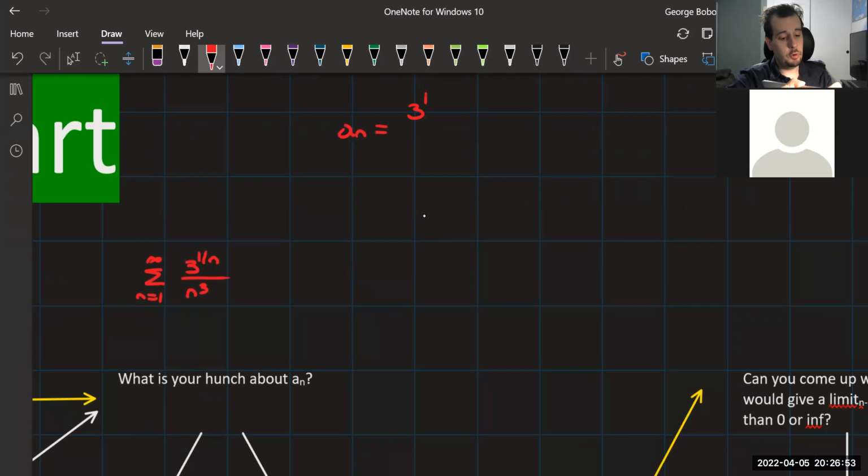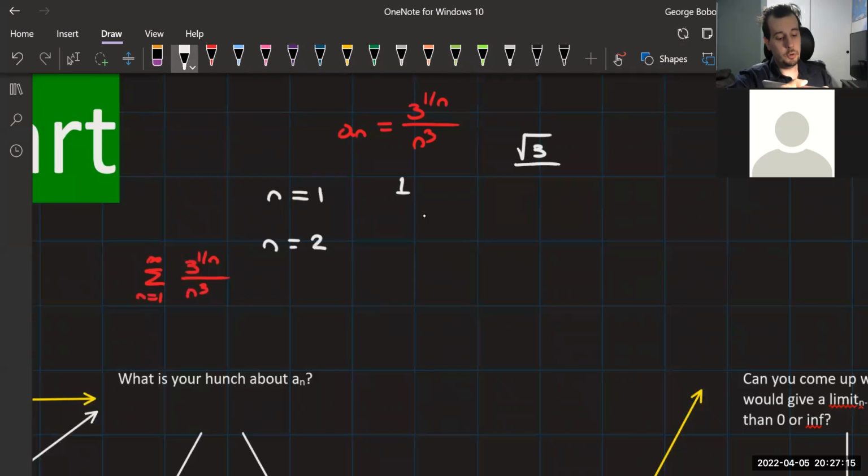It is 3 to the 1 over n, cubed. And then for n equals 1, what do we get here? We get 3 over 3. So just 1. Then for n equals 2, okay, we get the square root of 3 over 2 cubed, or 8.